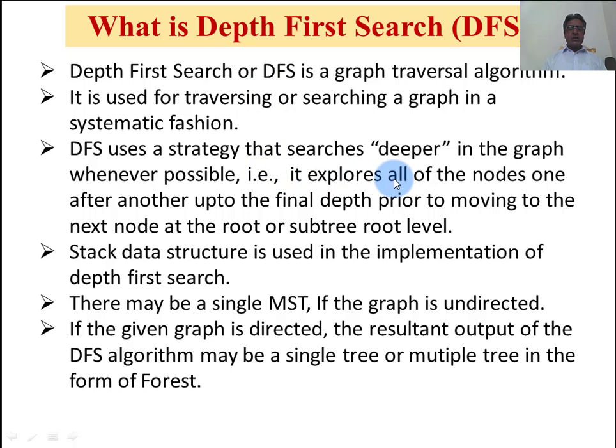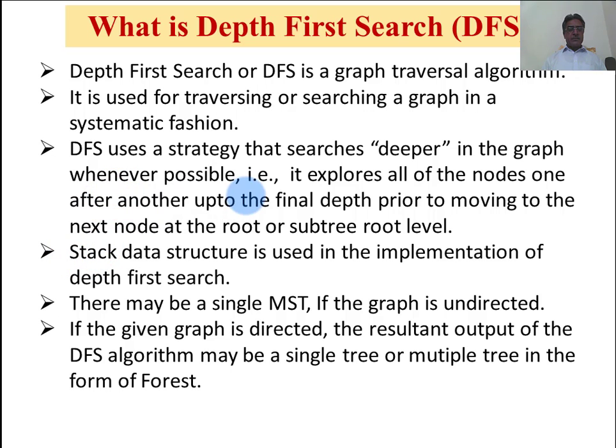That is, it explores all of the nodes one after another up to the final depth prior to moving to the next node at the root or the subtree root level. That is, we do not return back to root or back to subtree root level without reaching the last depth of that link or that path.